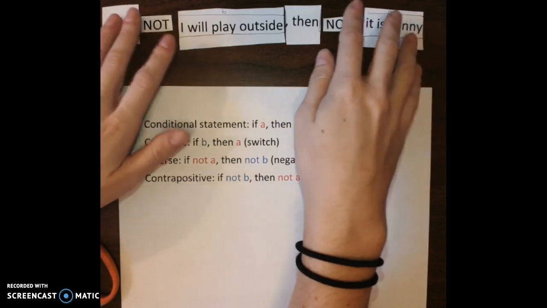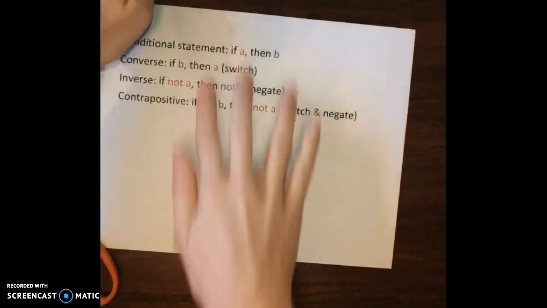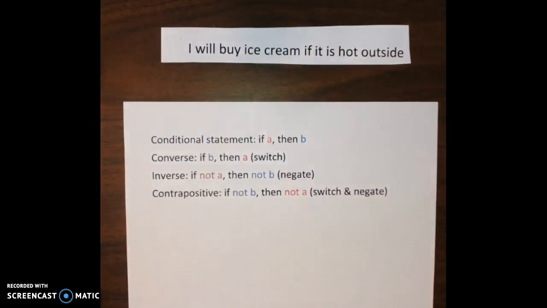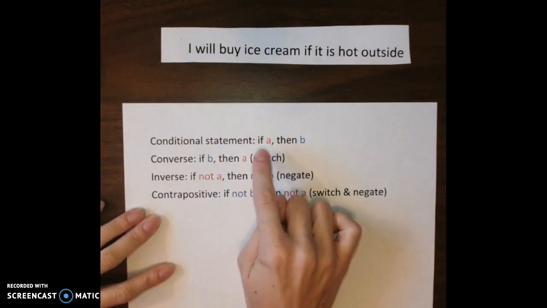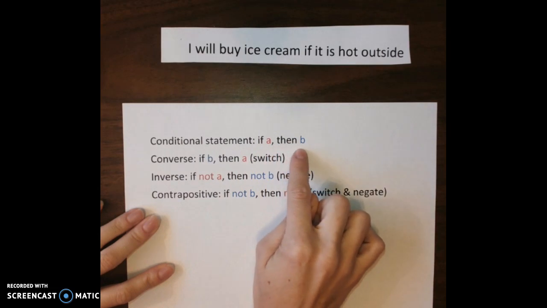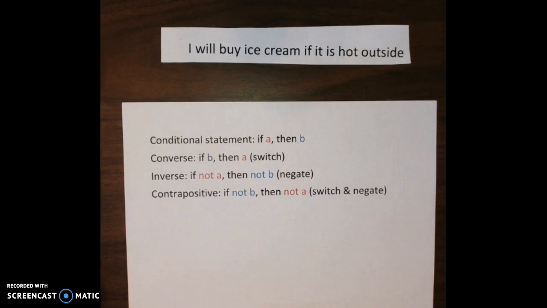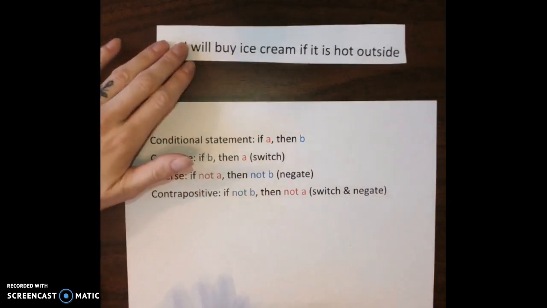I do want to show you one more example. This example is a little tricky because it says, I will buy ice cream if it is hot outside. So right now, it is not in the original conditional statement form. It doesn't start with the word if. So we have to do a little rearranging to get it into that form.